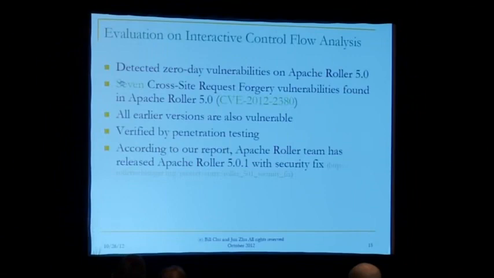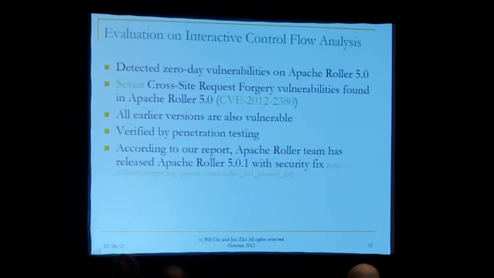And we also evaluated interactive control flow analysis. Remember, interactive control flow analysis is about annotation. So we ran Aside against Roller. By the way, this version is implemented by a former student of mine. She just defended her PhD dissertation.